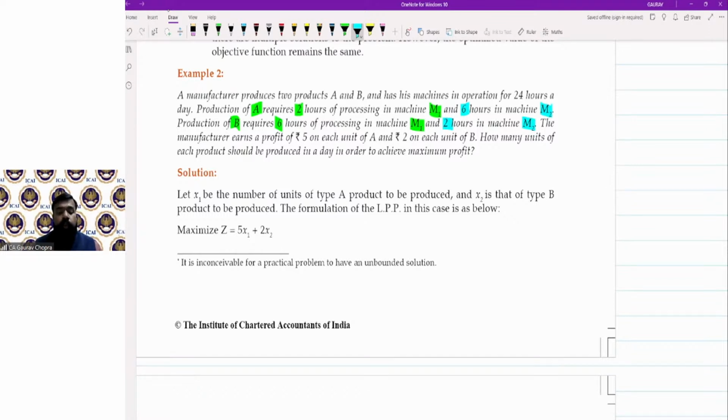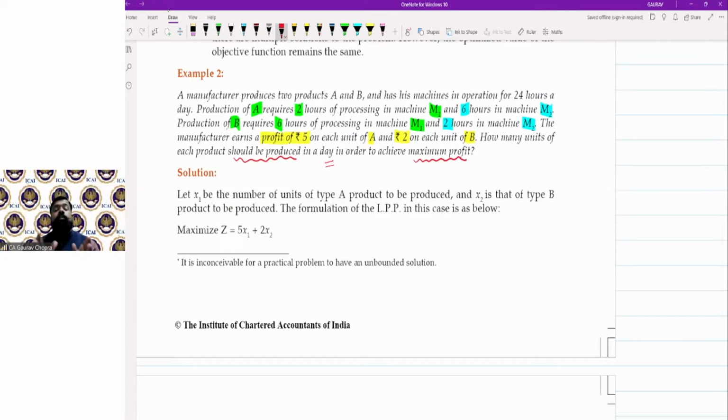Now the manufacturer earns a profit of rupees 5 on each unit of A and rupees 2 on B. How many units of each product should be produced in one day in order to achieve the maximum profit?